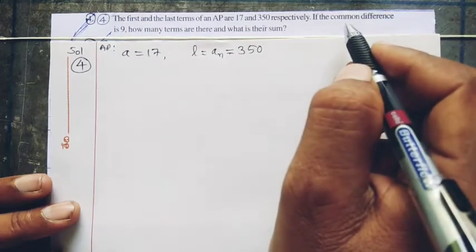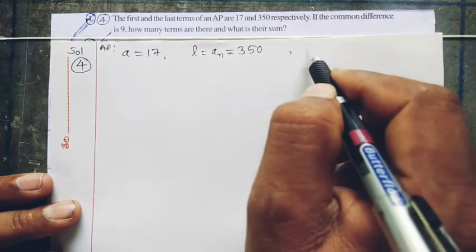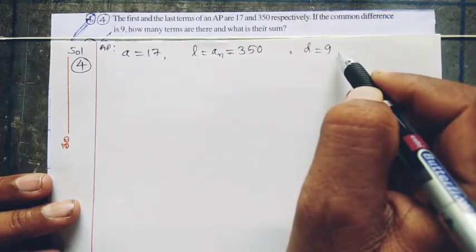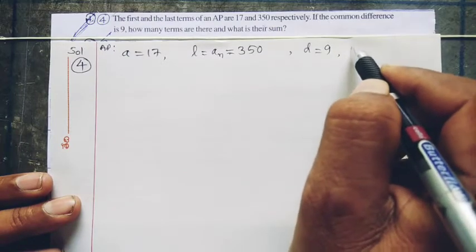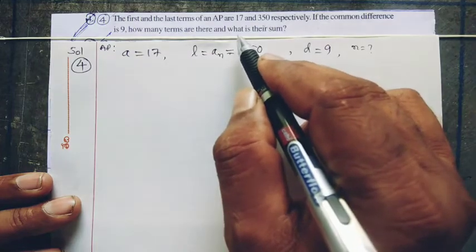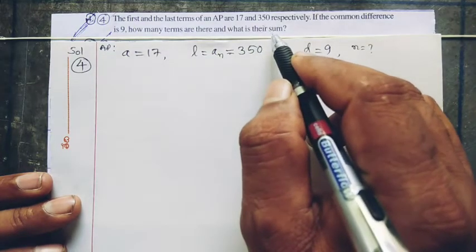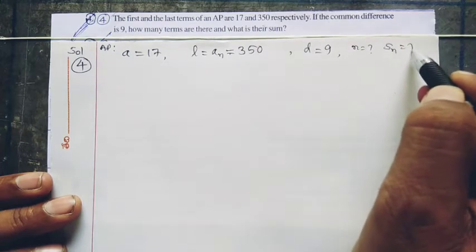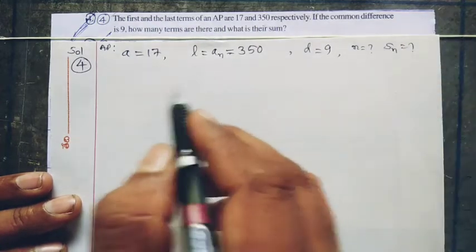If the common difference is 9, D is equal to 9. How many terms? N is equal to how much? How many terms are there? And what is their sum? Sn, what? We have to find.